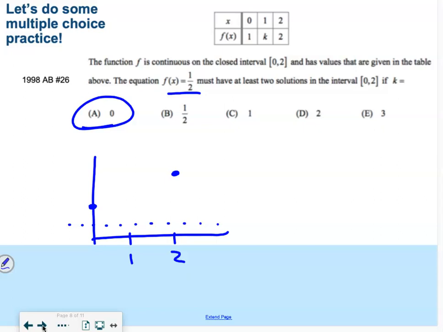Same thing with 2, same thing with 1. If your y value at 1 is a half, you have to hit it, but you only have to hit it once, right? You could just dip, touch it, and go back up. So the only one that forces you to hit 1/2 twice is if you go down to 0, and then go back up. Of those 5 values, that's the only one. Does that make sense? That is an IVT question. It's just disguised. So it's an IVT question in disguise. All right.